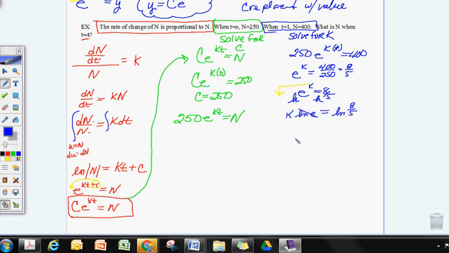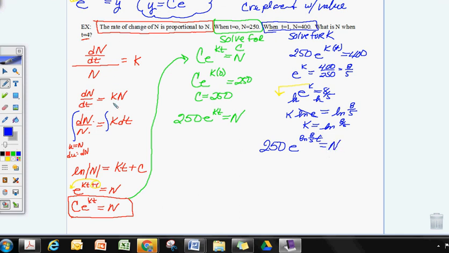Natural log of e is 1. k equals the natural log of 8/5. That is a value. I'm not changing it because it's a big decimal. So now my equation has evolved through time: 250 e raised to the natural log of 8/5 with a t behind it equals N.